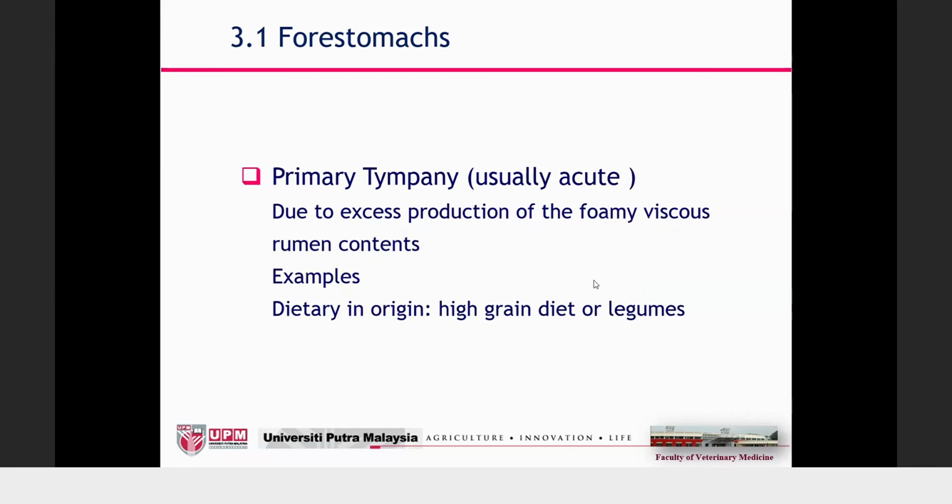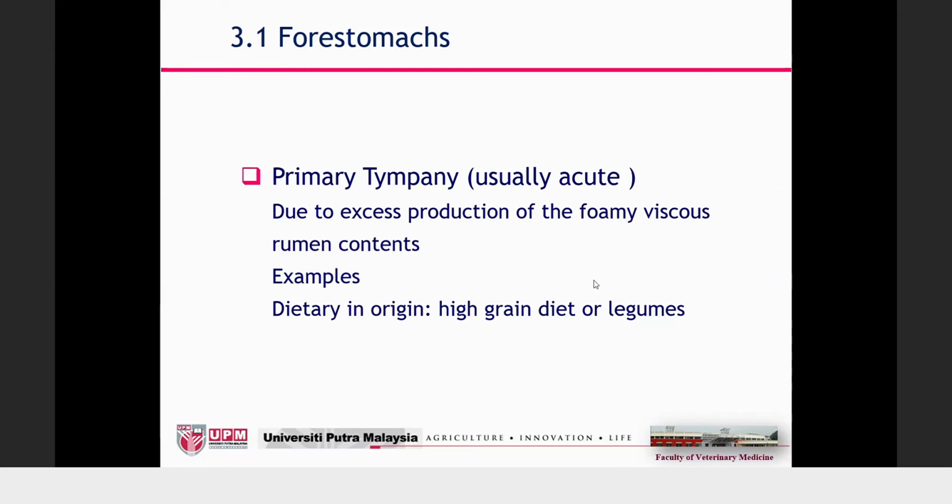Sorry. And this is what we call primary tympany. Usually when you get primary, they are acute onset. And this is especially due to the excessive production of foamy viscous rumen content. Foamy means it is very difficult to get ruptured.